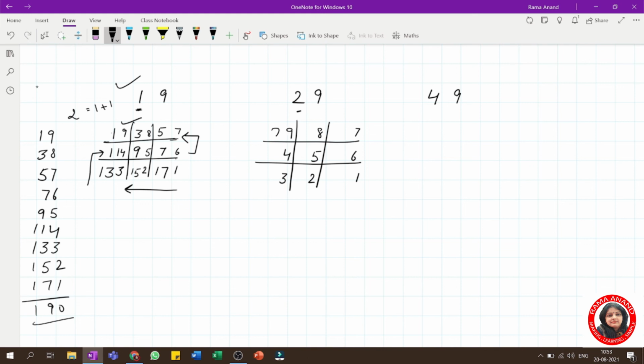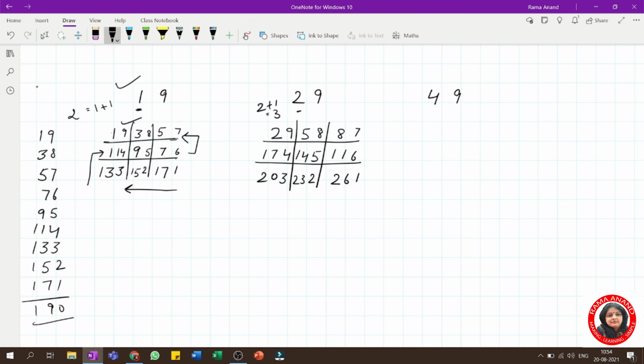So just write 2 over here as it is. 2 plus 1 is 3. Now just keep on adding 3 to the corresponding number. So 2 plus 3 is 5, 5 plus 3 is 8, 8 plus 3 is 11, 11 plus 3 is 14, then 17, then 20, then 23, then 26.